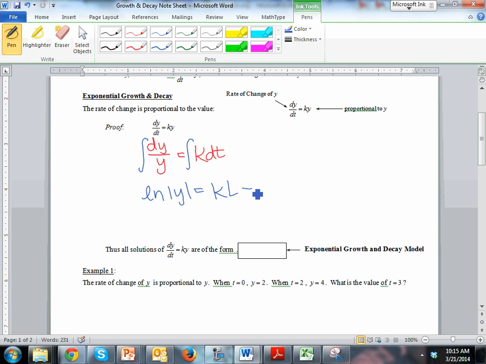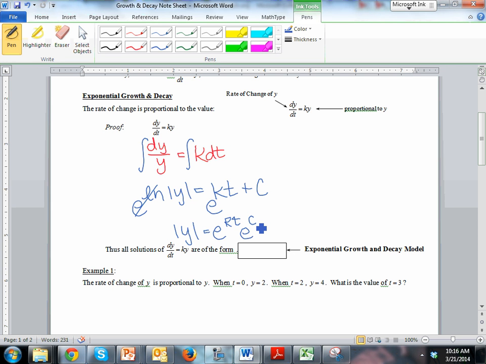KT plus C. Alright, now we want to get y equals, right? Okay, so exponentiate both sides. These cancel, and we have the absolute value of y equals, I'm going to write this as e to the kt times e to the c, right?